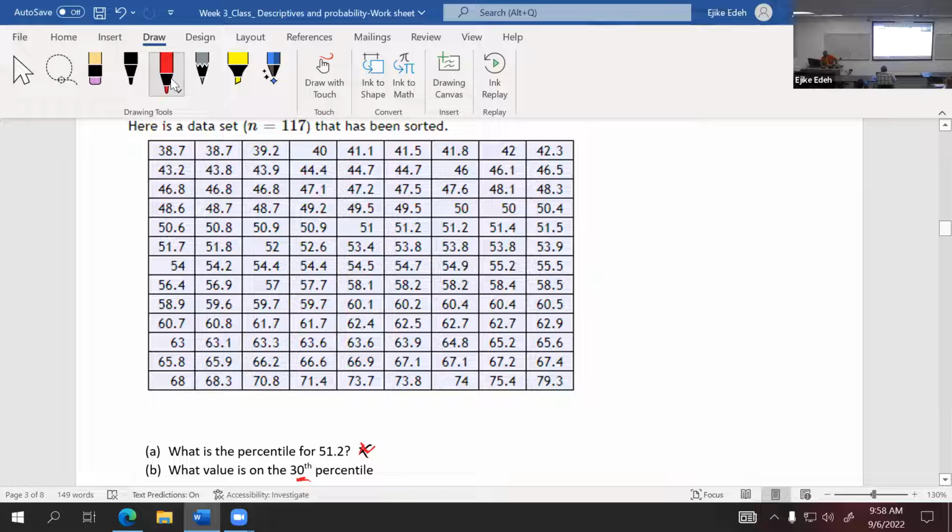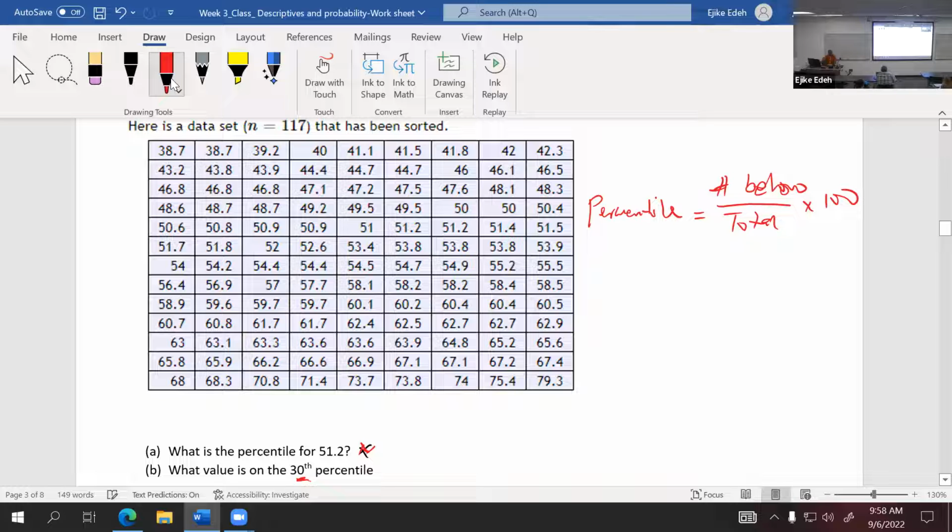So the first part here, if you're looking for percentile, remember that the percentile will be the number of data points below the value, divided by the total, times 100.